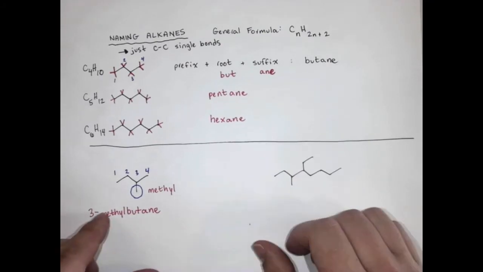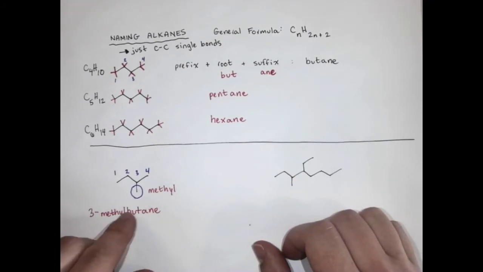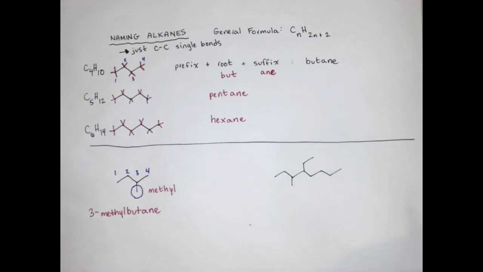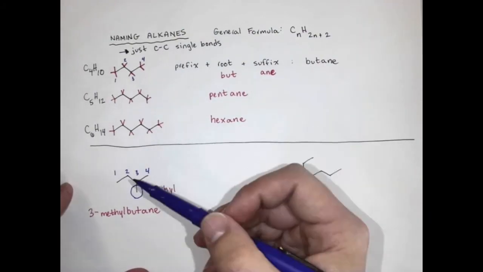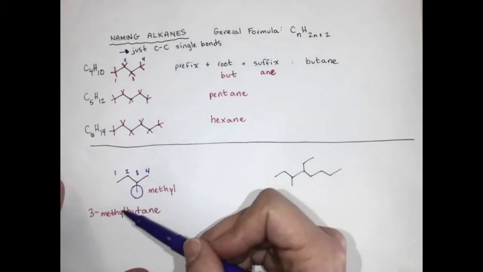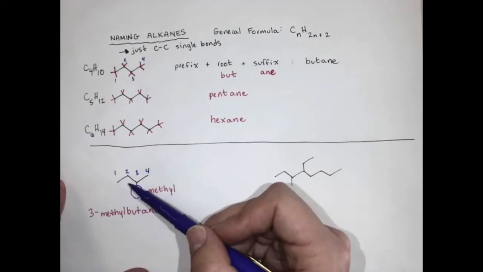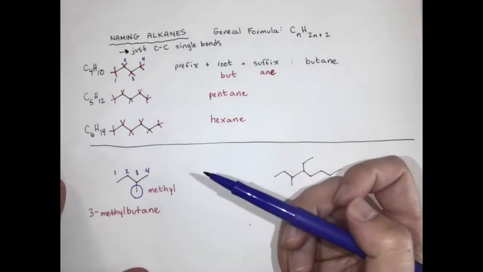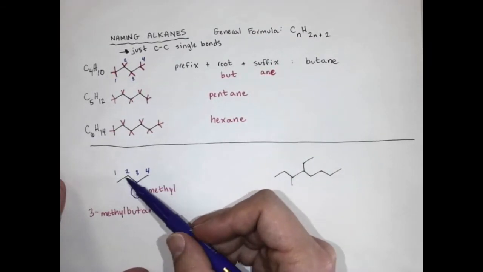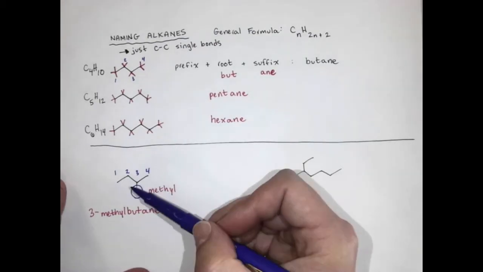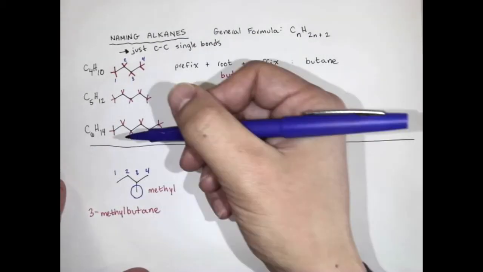And the numbers that my branches get in my name have to be the smallest possible number, not the largest, the smallest possible number. So the branches need to get the smallest possible number of carbon coming off the main chain. And the way I numbered it puts the branch at carbon 3.